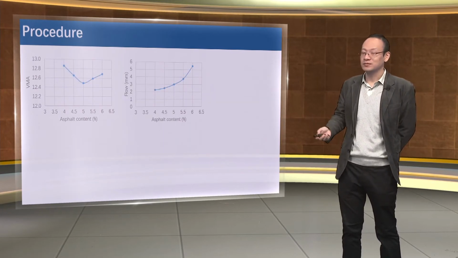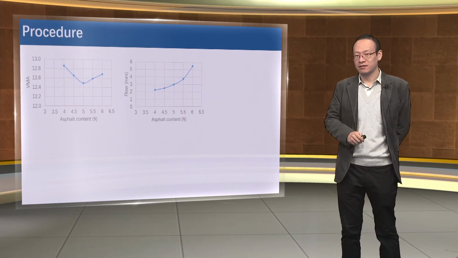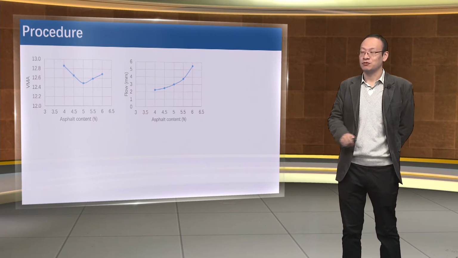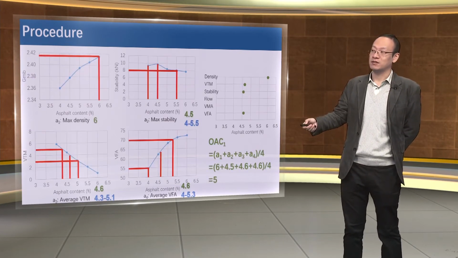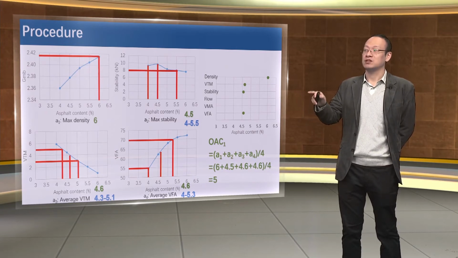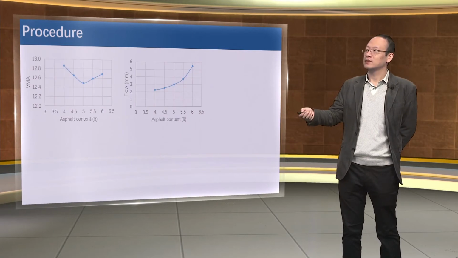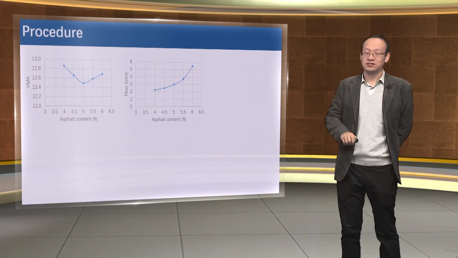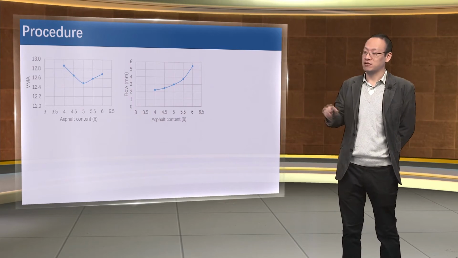For OAC2, we need to check another 2 characteristics. Remember, in OAC1, we already checked 4, and we know the range for 3 of them. So let's look at these 2 additional characteristics.